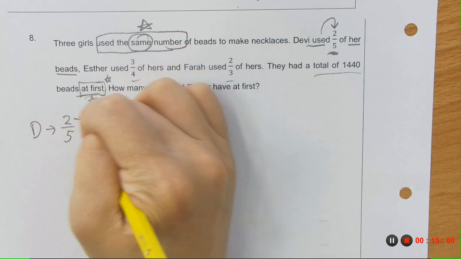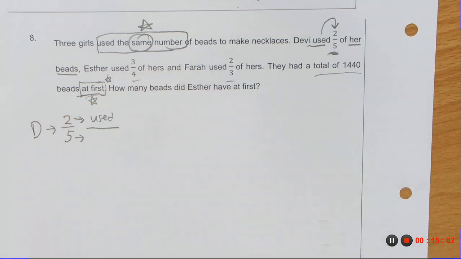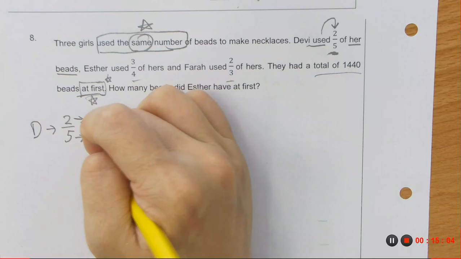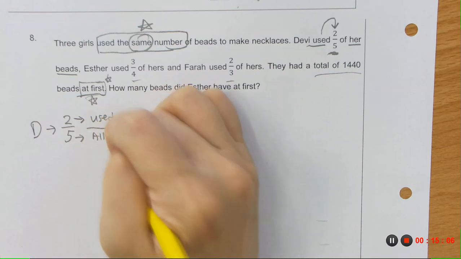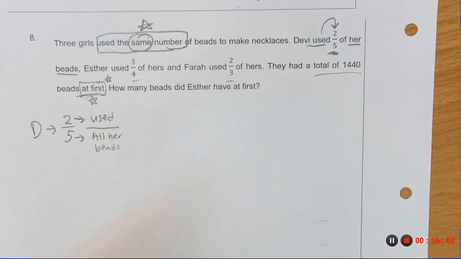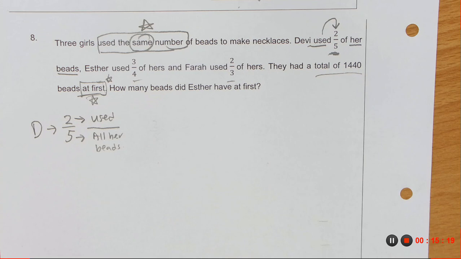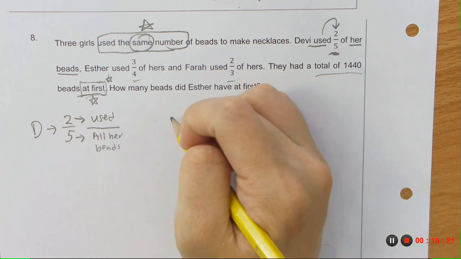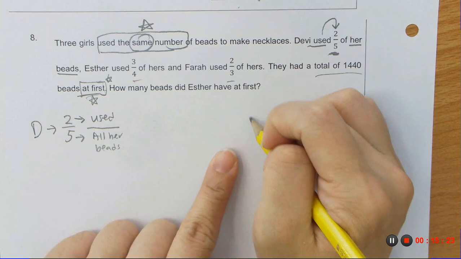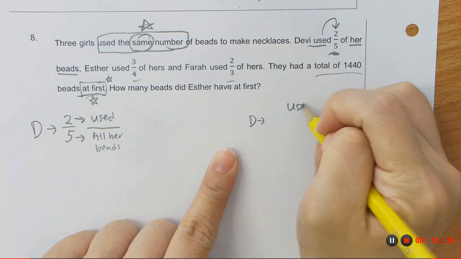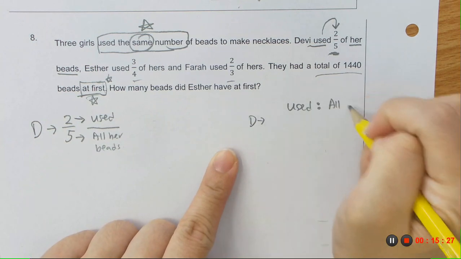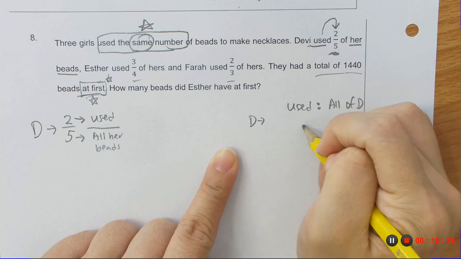The denominator 5 is all her beads. Which I can actually express as 2:5. I can write here for Davy, used versus all is 2:5.